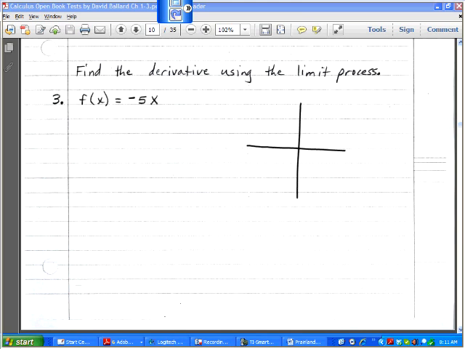We said if we have some type of a curve, and this is not the curve represented by this function here, but we said if we had a curve and we had a point on that curve, we could call that point x and f of x.